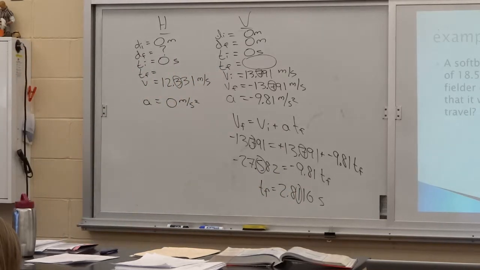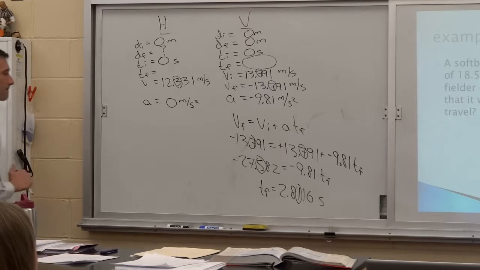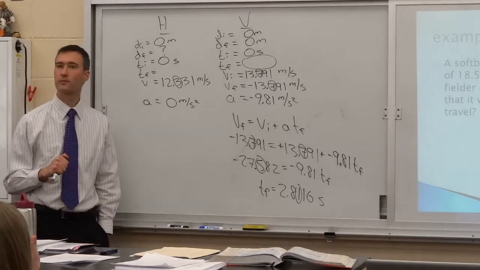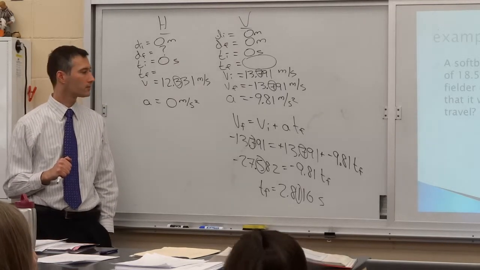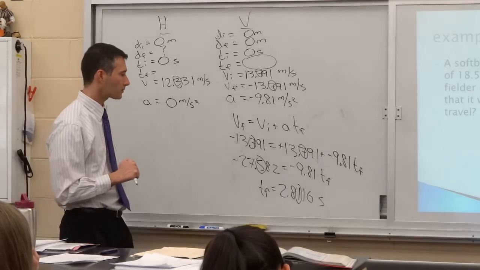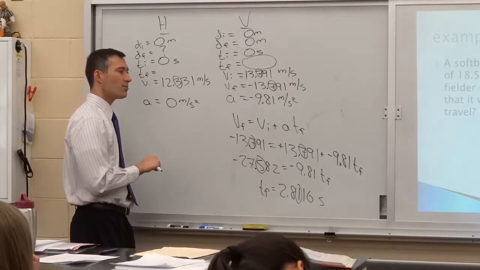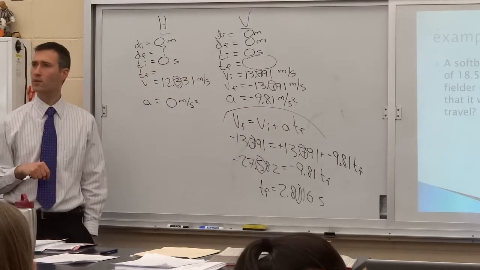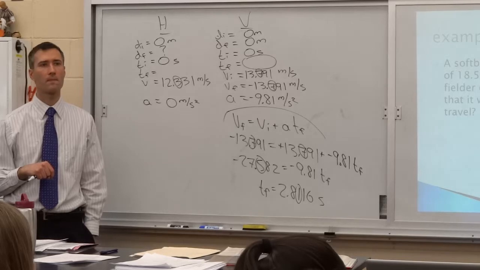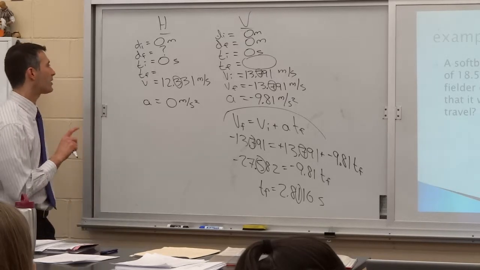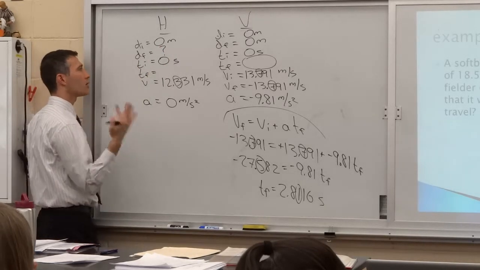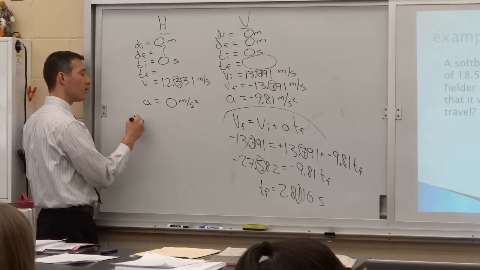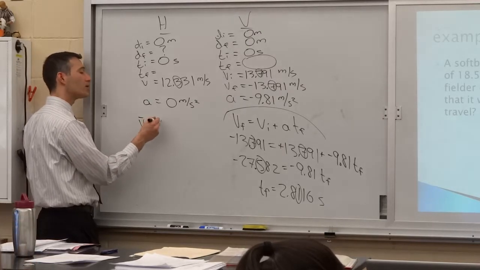We'll do a 15-second timeout before we finish this problem up. Follow-up questions from anybody about using my vertical things to find how much time the softball was in the air? Alright, so now I think I have enough information to solve what I was trying to find. I'm going to use the only equation I really ever use in the horizontal direction.